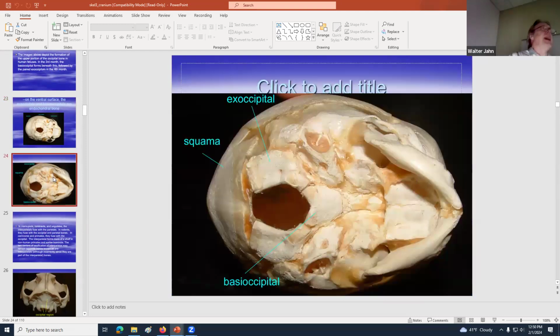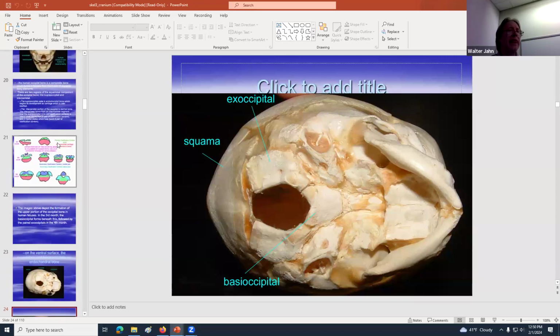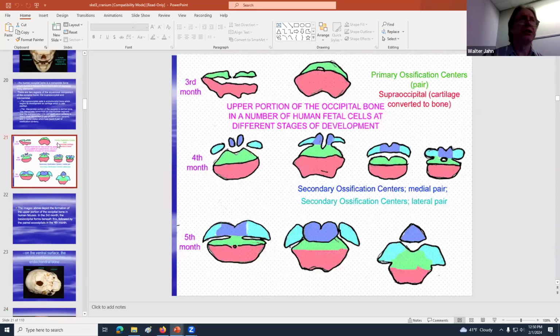So not only did the fetal occipital bone come together from the fusion of smaller elements, just like it did in mammals over millions of years, it's not only pieces, it's the same pieces. Reptiles had 2 exo-occipitals, a basio-occipital. We as a fetus had 2 exo-occipitals and a basio-occipital. And so the occipital bone is our first composite skull bone, a bone which forms from the fusion of smaller elements.